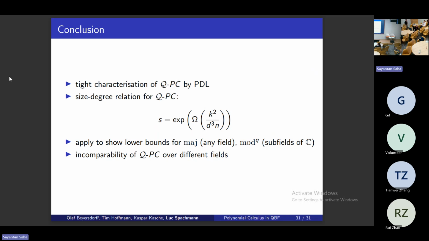Can you tell what is the motivation to explore polynomial calculus for QBF? It is more of a general motivation to see the different proof systems that we know for the propositional case. In the propositional case, there are such nice schemata where you can really see, okay, this proof system is stronger than this one, and we have such a nice choice of proof systems.